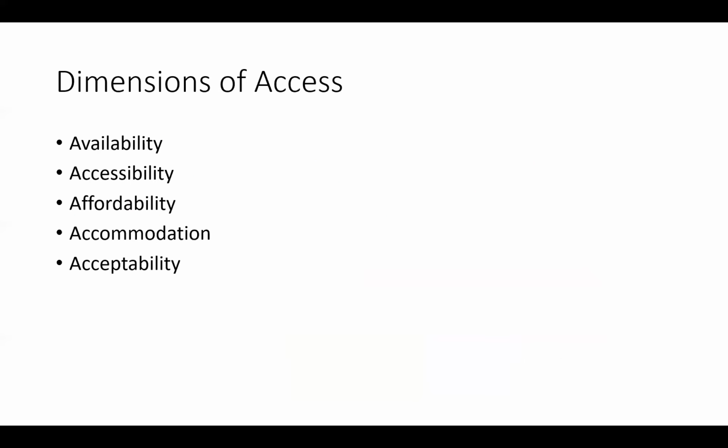All right. So we've talked about quality, talked a lot about cost. Let's talk about access. So there are a number of ways to define access. Your book goes into these at length. I'll just cover them briefly, right? So availability is the idea that there's a service that fits an individual's needs, and that they can choose from.